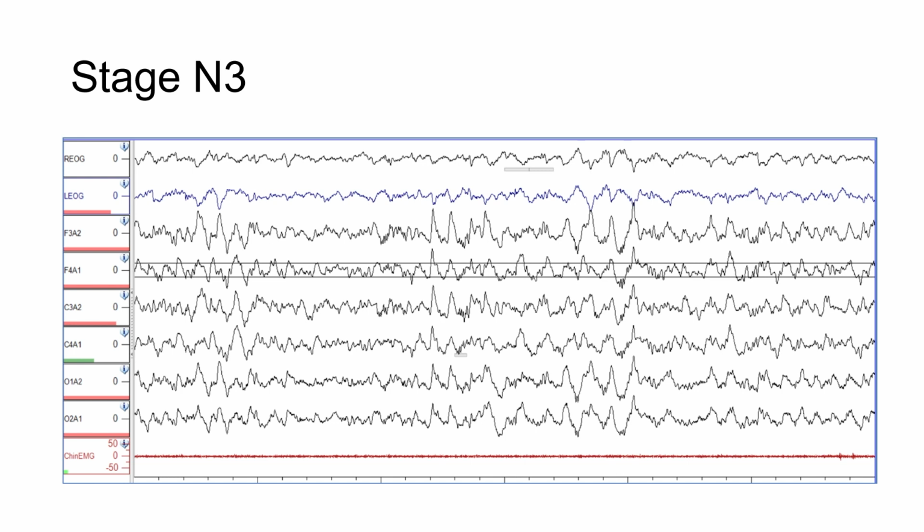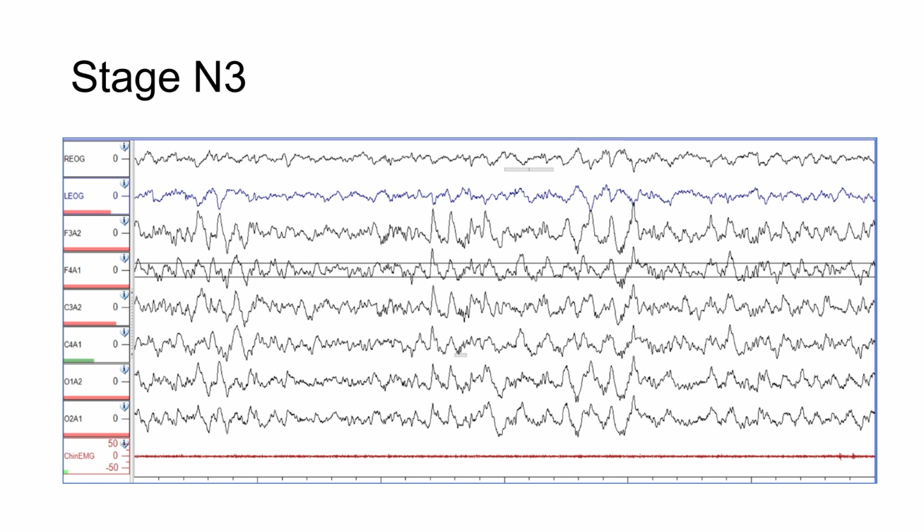For stage N3, you need slow waves for more than 6 seconds. Please keep in mind, I'm saying 6 seconds, I'm not saying 6 slow waves. Many people just count 1, 2, 3, 4, 5, 6 slow waves and say this is N3. I'm not saying that. You first have to identify a slow wave.